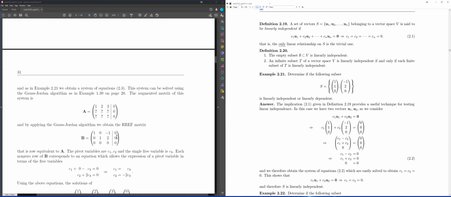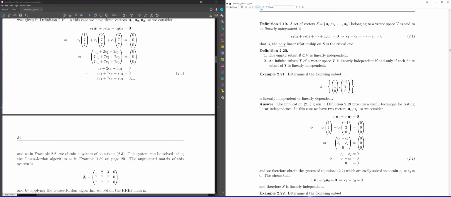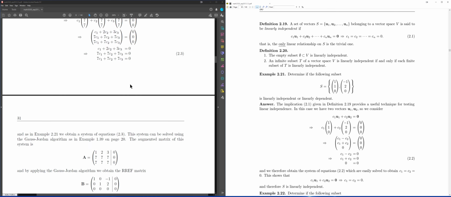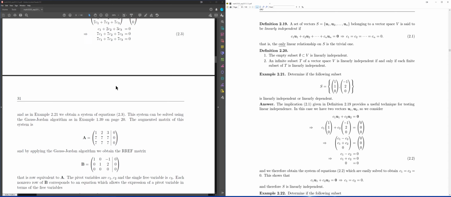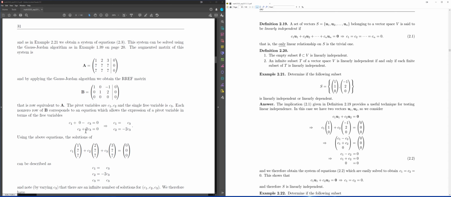This Gauss-Jordan gives me a reduced row echelon form matrix that is row equivalent to this one. The system associated to this RREF will have the same solutions as this system over here. So I can get my answer for this system by solving this system here.